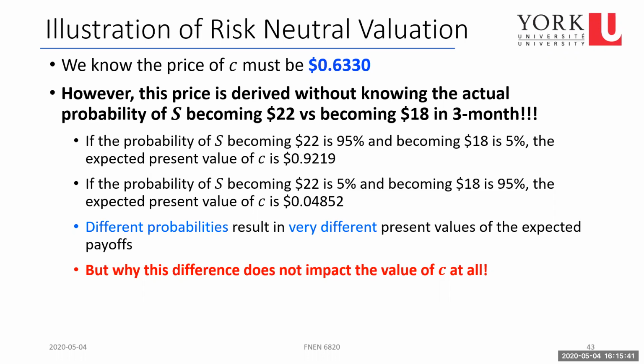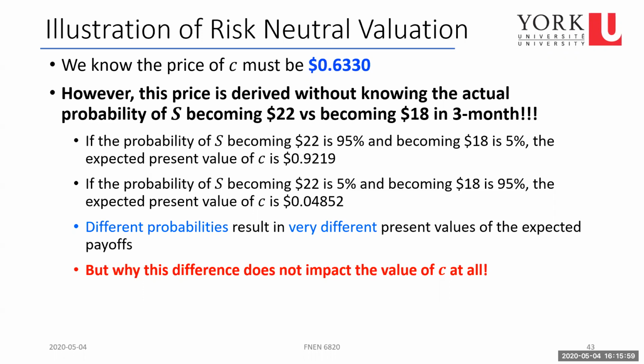The strange thing in that calculation is that in the entire calculation, there's absolutely no mention of the probability of the stock going up to 22 or going down to 18.